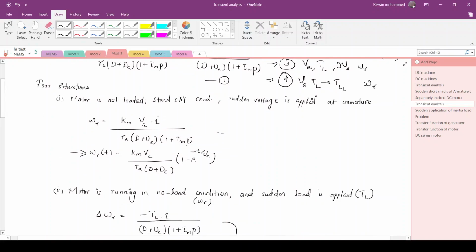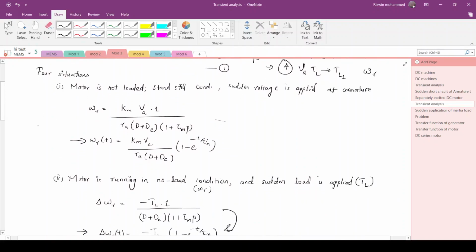So when we take the Laplace transform and then the Laplace inverse, you will get omega r of t is equal to Km Va by Ra into d plus de, into 1 minus e raised to minus t by tau. So initially the speed will be 0 and it will slowly develop and attain a constant speed given by Km Va by Ra into d plus de.